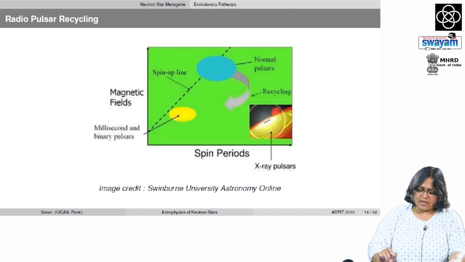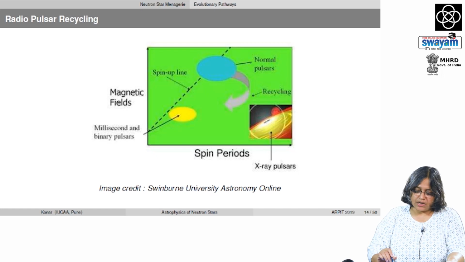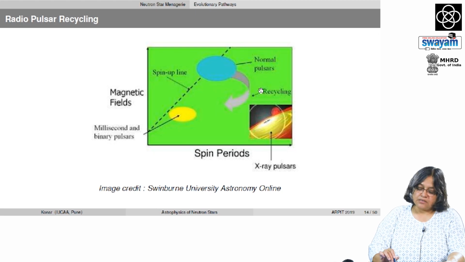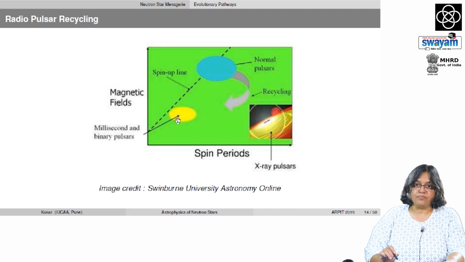So, this is a schematic diagram showing the radio pulsar recycling. Here are the normal pulsars and it moves this way and becomes a part of the graveyard. Then if it has a binary companion, it undergoes recycling and appears again as millisecond and binary pulsars.